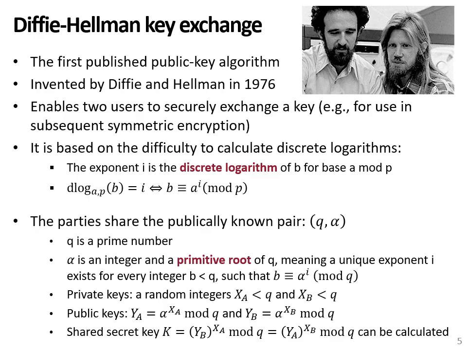It can be shown that both operations result in the same shared secret key K. So here they can exchange the secret key K without actually sending it over the network. They only have to exchange or send their public key.